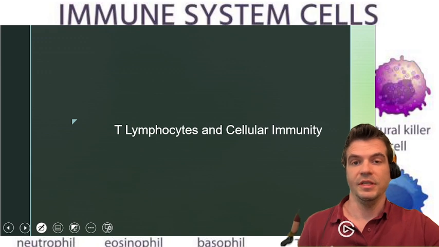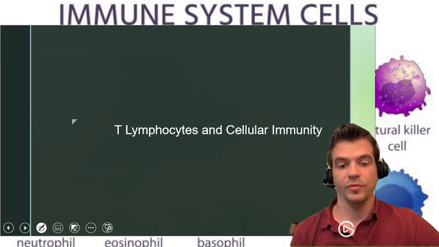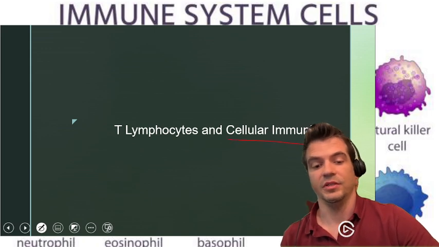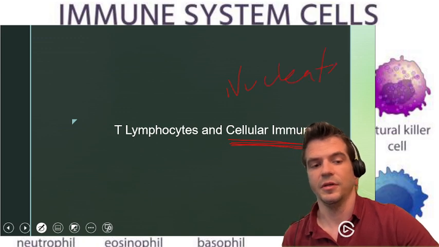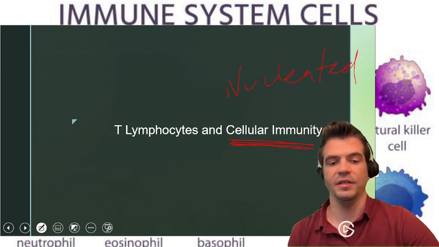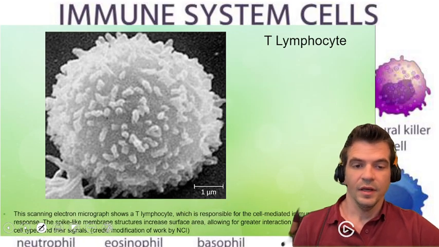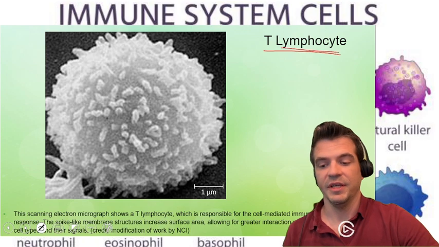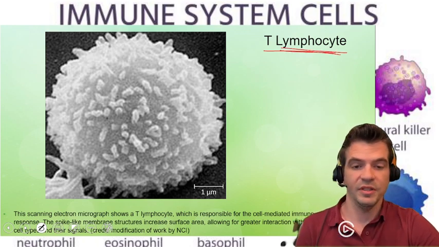So T cells and cellular immunity. This is how we shorthanded nucleated cells. Nucleated cells is cellular immunity. We're going to use T lymphocytes. T lymphocytes are a type of white blood cell.